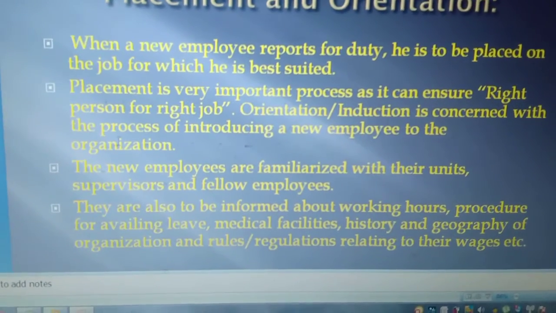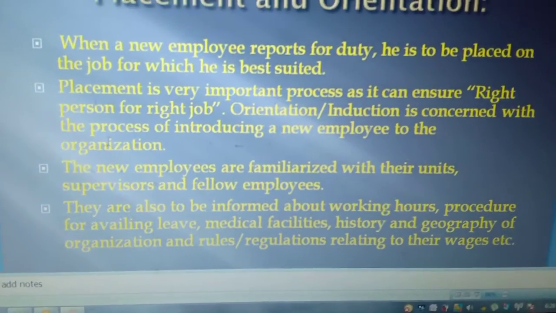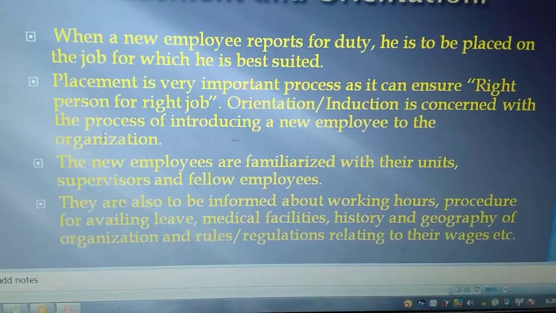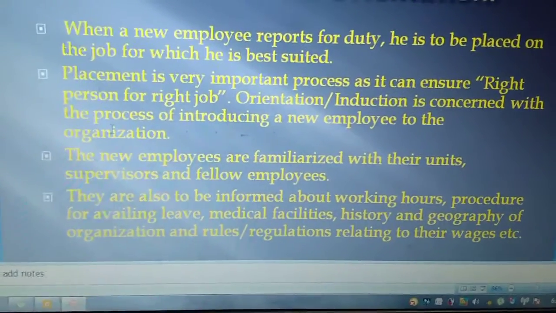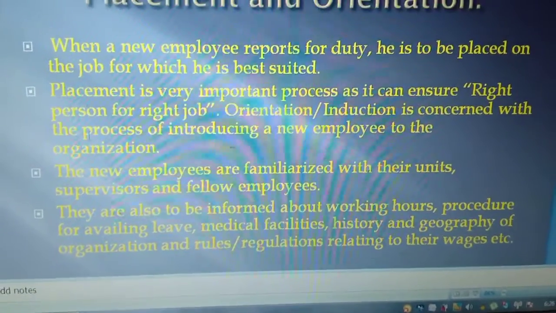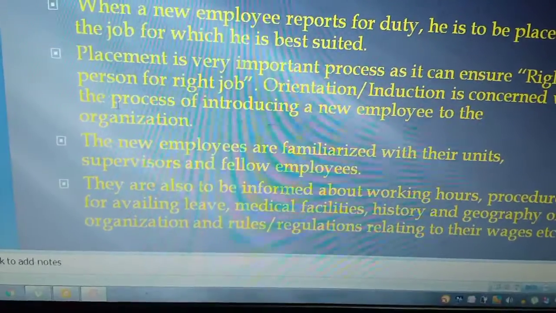Next is orientation, which we also call induction. It is concerned with the process of introducing the new employee to the organization. The new employees are familiarized with their unit, supervisors and fellow employees.